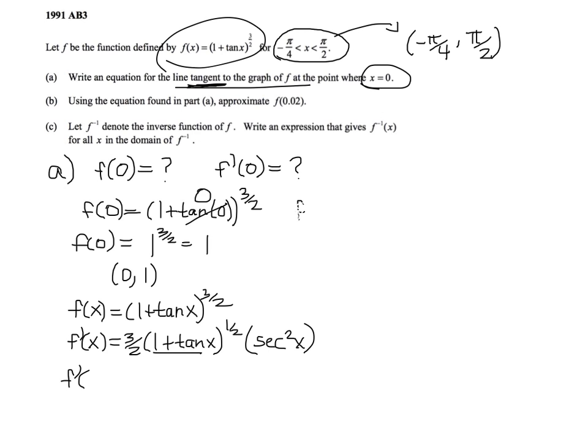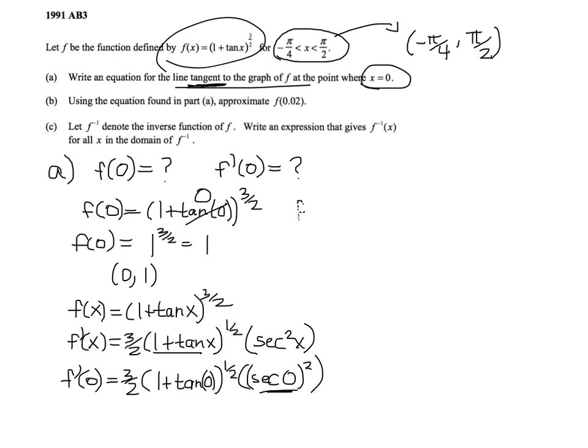And now I want to find the derivative at 0. So I'm going to have f prime of 0, 3/2 times 1 plus tangent of 0, which we already did up there. That'll be kind of nice. We already did tangent of 0. And then secant of 0. And squared just means we got to take the whole secant value and square it. So secant squared x, you just find secant of 0 first and then you square it.